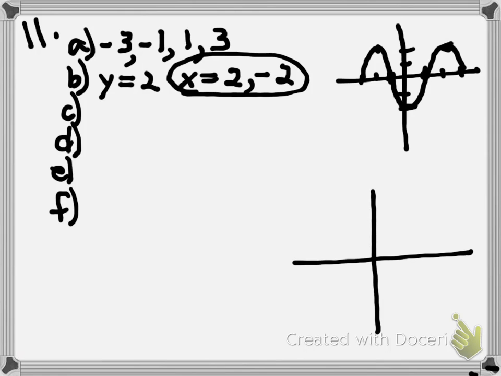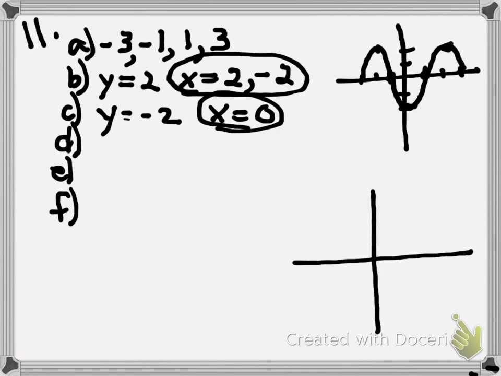Part C, where is f(x) or y equal to -2? If you're looking at a value of -2 for y, we get a value here of 0 for x.